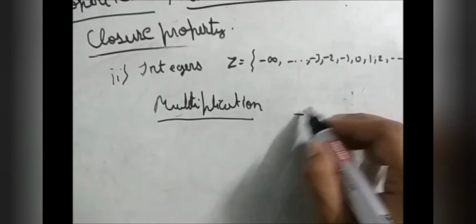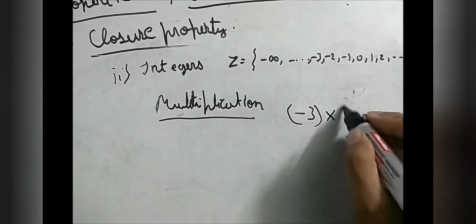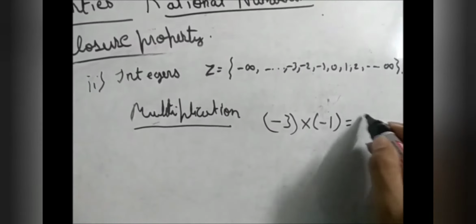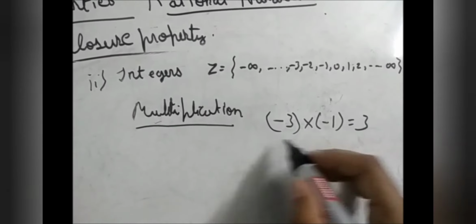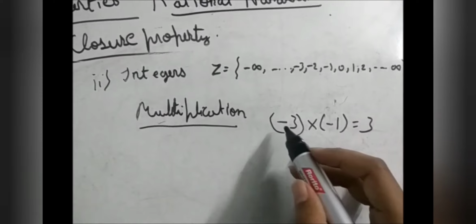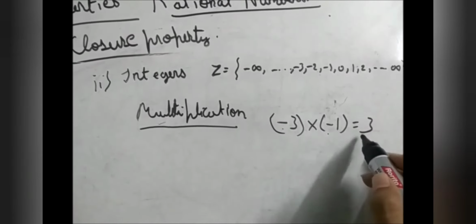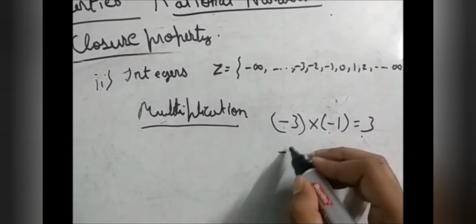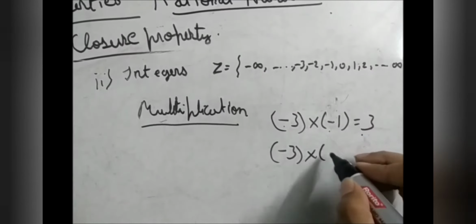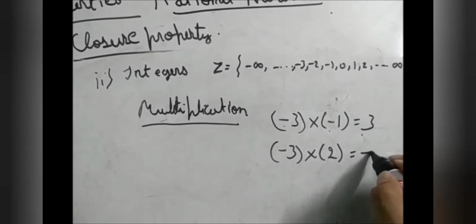We can take an element, minus 3 into minus 1, which will be equal to 3. You guys can see that minus of minus will get a positive number. If we take a negative number into a positive number, we'll get a negative number.